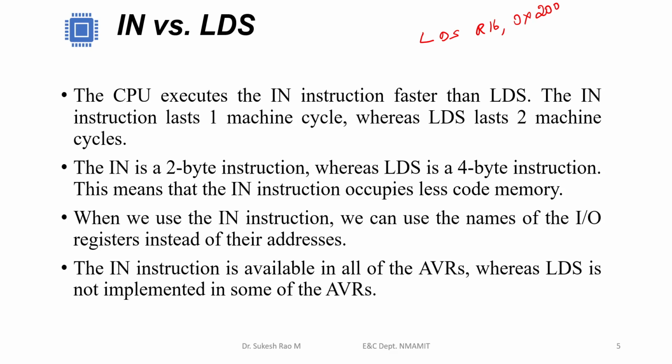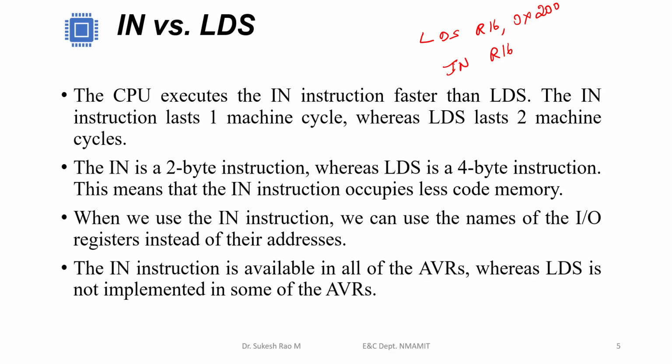I can even work with the IN instruction, IN R16. I can use the IN R16 instruction, so I'll be loading from memory. I can just use an instruction similar to this. Here, in IN R16, I should write which location I want to get the value from.